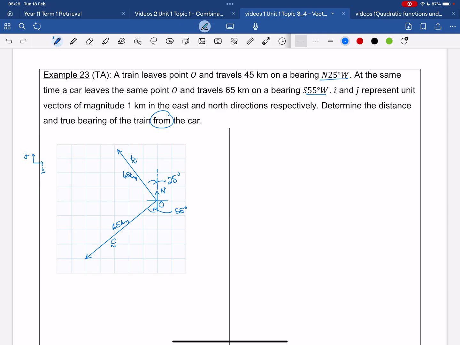So from the car to the train, that's the direction of our resultant vector, and that's very important in terms of being able to find the correct bearings. Measured from the north-south line, that angle in there is the bearing that I'm looking for.